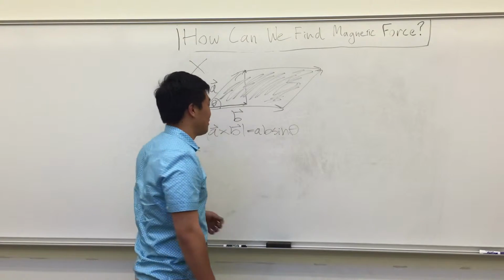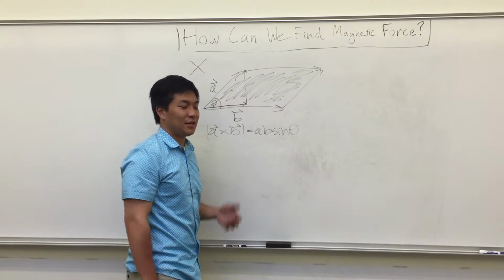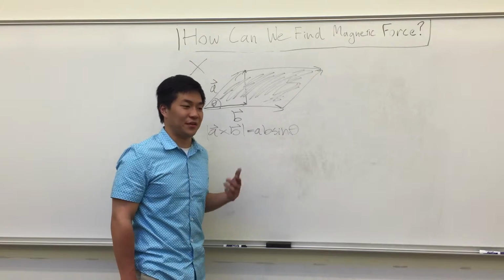And as a result, the magnitude of the cross product might actually be AB cosine theta, depending on whatever the heck the problem wants to call theta.